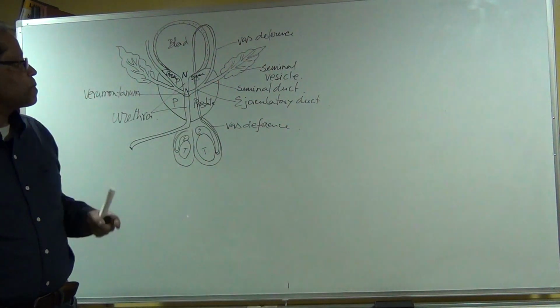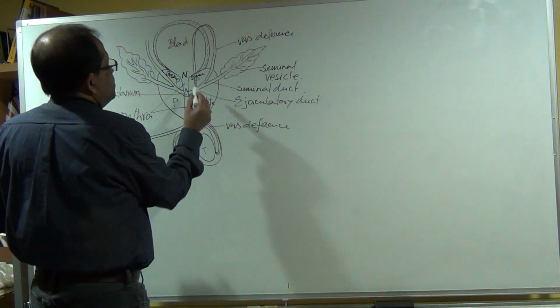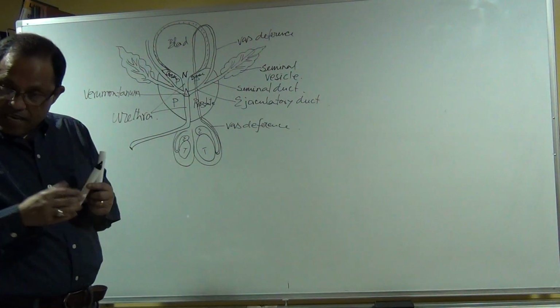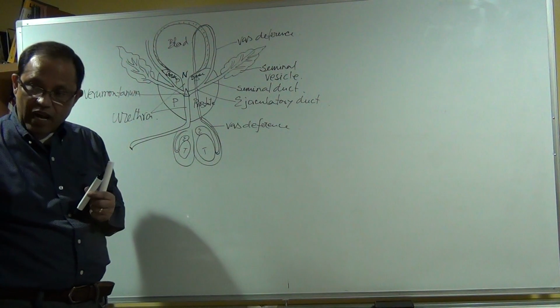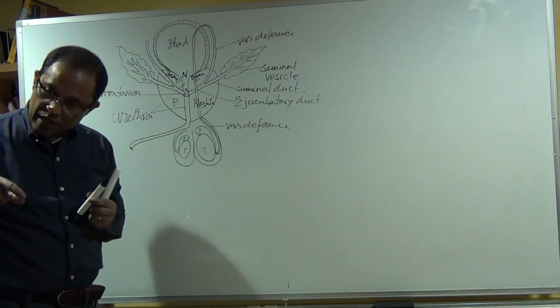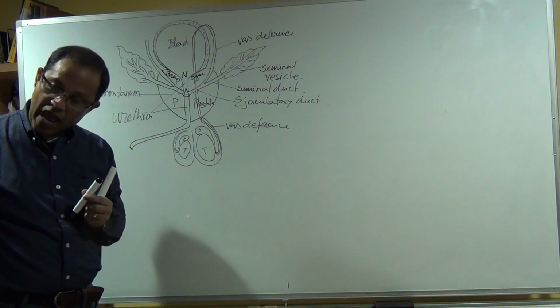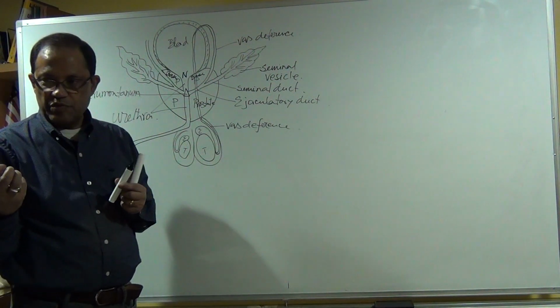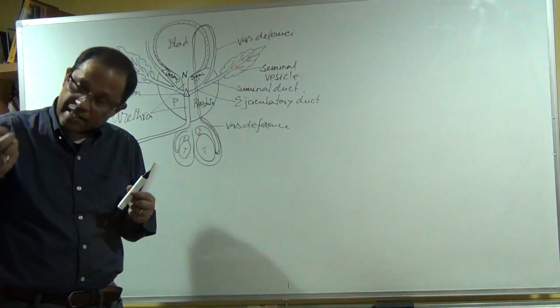They are bow tie shaped, right? Seminal vesicles. Look at the role of the prostate gland. It is a fibromuscular glandular organ. Fibrous part, muscular part, and glandular part. It has muscle tissue and it has a gland.